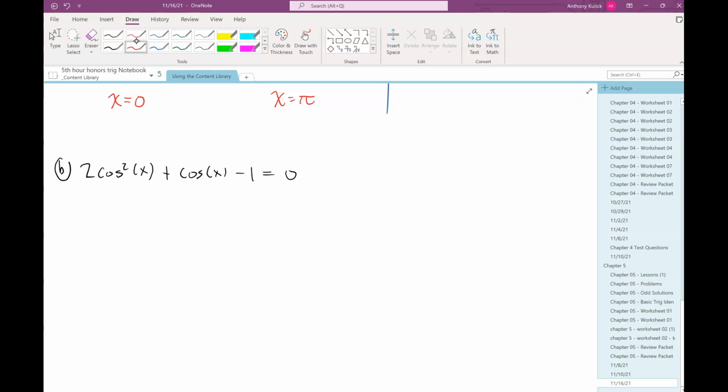Oh, thank you. Well, what if instead we had this equation? 2a squared plus a minus 1 equals 0. Would you know what to do with that? Mia? So this is a quadratic equation, right?